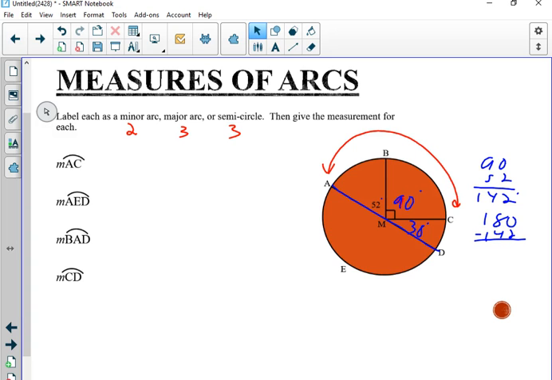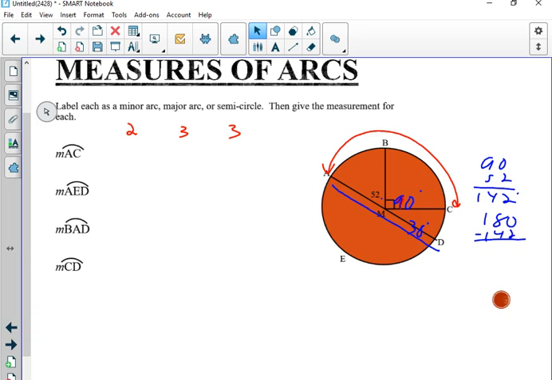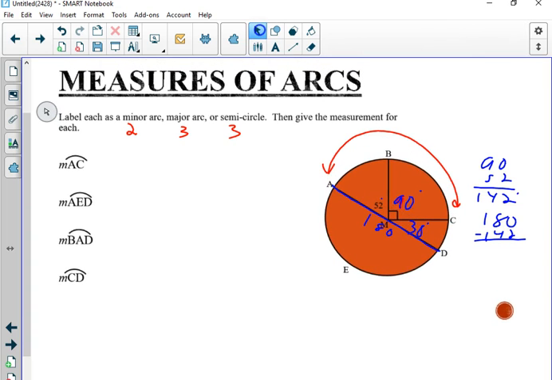And this right here is 180. Move that back the way it was. Boom. 180 degrees right there. Okay, now we can answer these questions. The measure of AC is 90 plus 52.